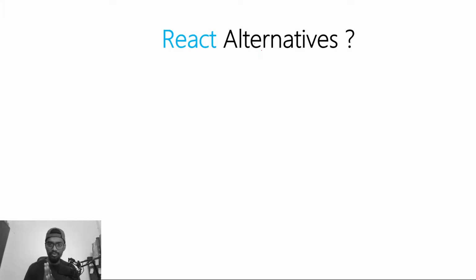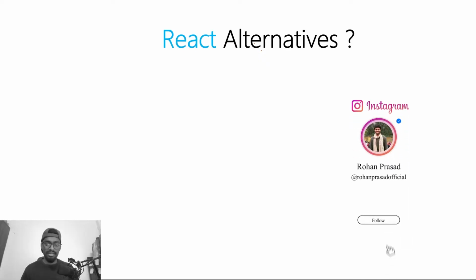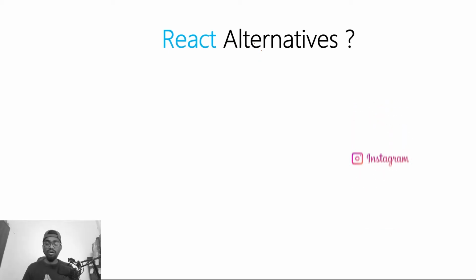I am Rohan and we are learning React, and today we are gonna see React alternatives. So for any product, the base idea is if there is one product and it does not have good features as well, we are not gonna use it. But for React as a framework, there are various alternatives who compete with each other, or you can say there are various communities who like a certain framework and love it and bring more people to the community.